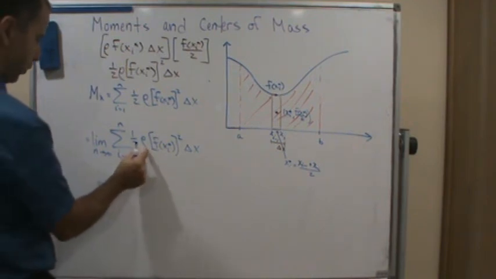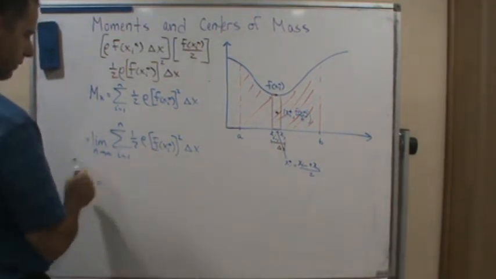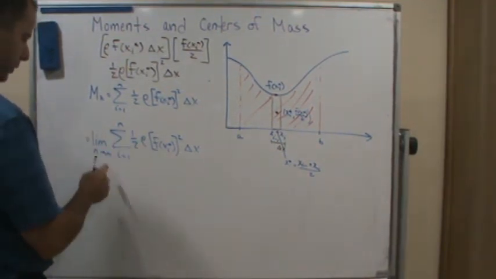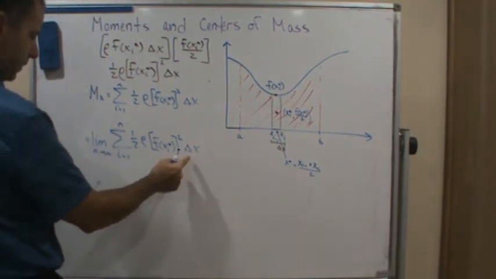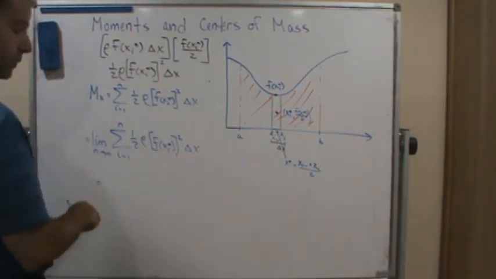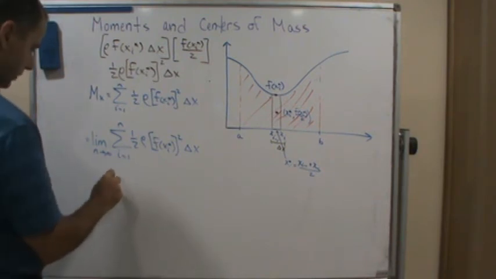So now that's going to give us our integral. Again, I'm going to pull the constants out. The 1/2 and the rho are going to come out. The summation becomes my integral, delta x becomes dx, and x sub i star just becomes x. And so this is going to give me the integral from a to b.